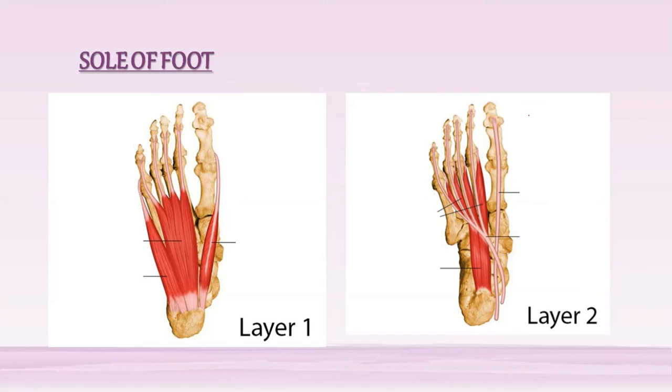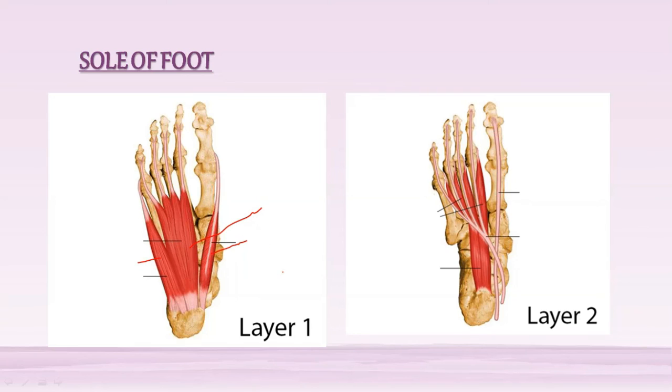Okay, let's revise the muscles which are present in the layers of the foot. So this is the first layer. Three muscles are present in the first layer: abductor hallucis, flexor digitorum brevis, and the third one is abductor digiti minimi.